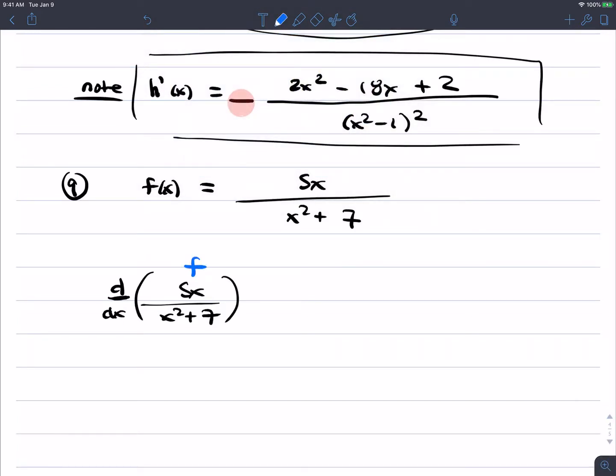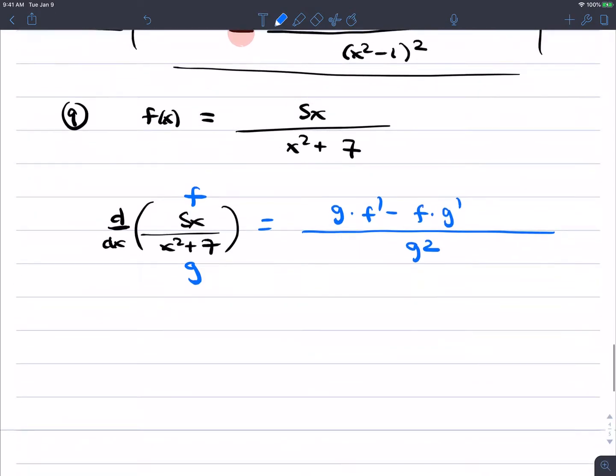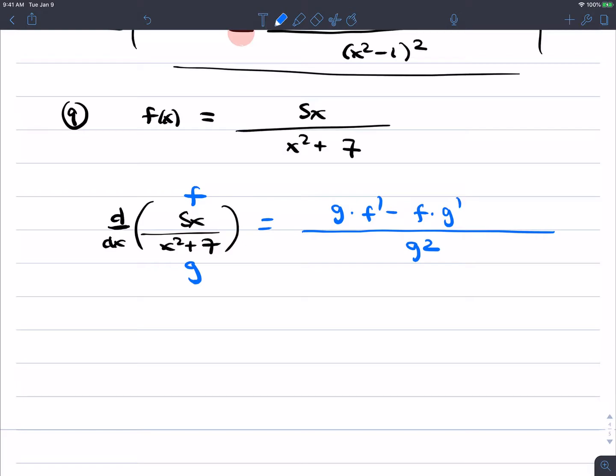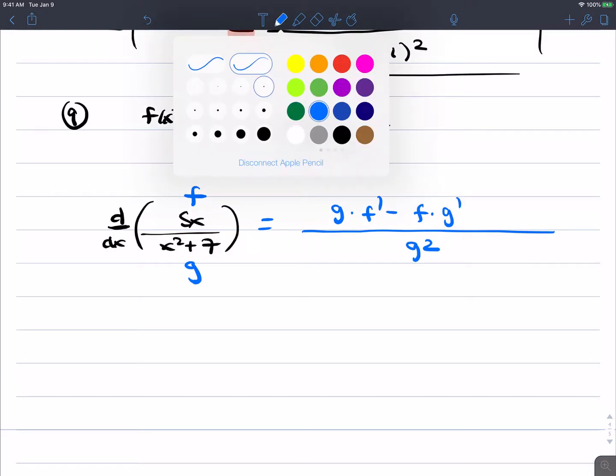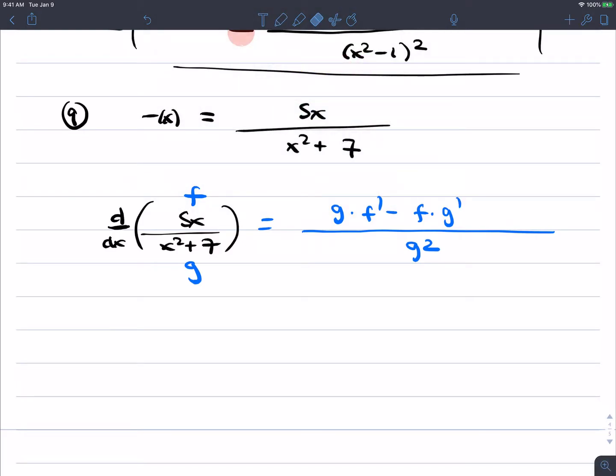Here's my f, here's my g. By quotient rule, g squared, g times f prime minus f times g prime. And again, you may say, is this the same f? No, it's not. So if you like, call that h.